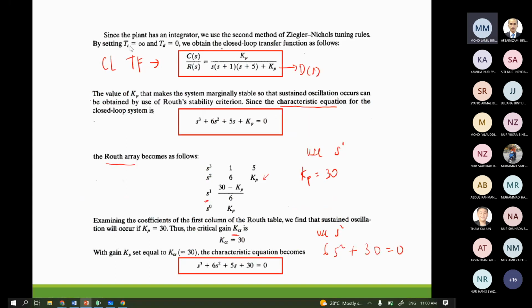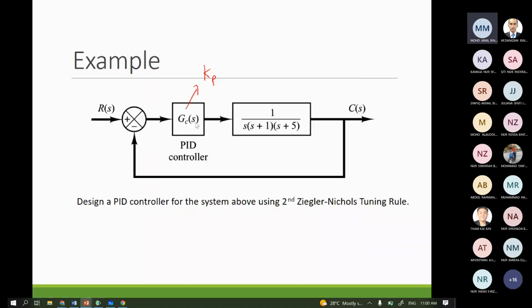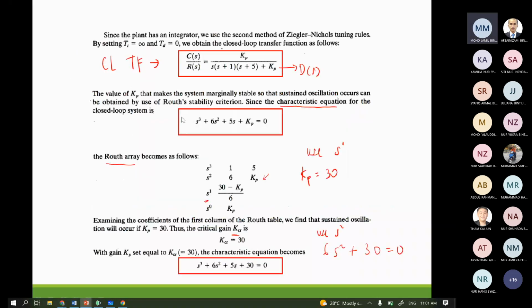Setting Ti equals infinity and Td equals 0, or simply Ki and Kd equal 0, we can obtain the closed loop transfer function: Kp over S times S plus 1 times S plus 5 plus Kp. Simply make Gc equal Kp, then simplify the block diagram to obtain this closed loop transfer function here.